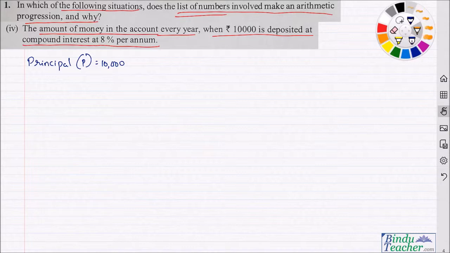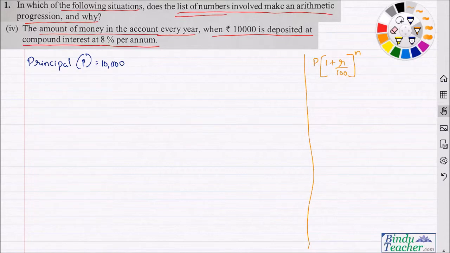So how do you calculate compound interest? To calculate the return from compound interest, we use the formula P into (1 plus R) to the power of N. R is the rate of interest divided by 100. N is the term, or the number of years for which the amount is kept in the account.